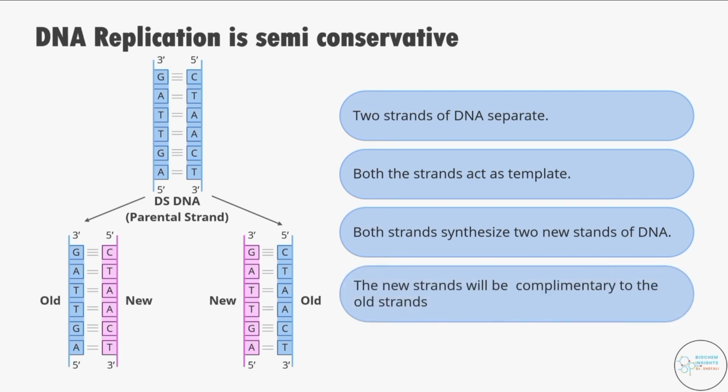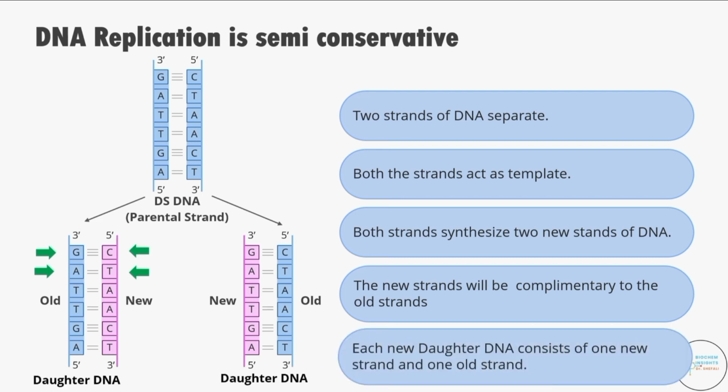That is, adenine in the parental strand will always pair with thymine in the daughter strand, and cytosine is always paired with guanine and vice versa. So if you look at the two daughter DNAs, in both of them only one of the two strands is new, the other one is old, which you have partially conserved, and that is why DNA replication is semi-conservative.